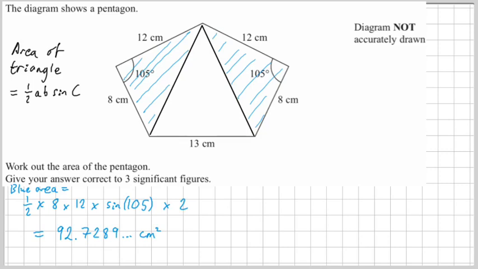Okay, let's think about the central triangle. We first need to know these lengths here, and as I mentioned before, you can use the cosine rule for that using the crocodile jaws information for this triangle. Now I'm going to call those lengths both x, and the cosine rule is in the formula sheet.